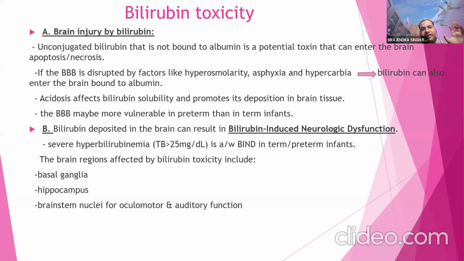If the blood-brain barrier is damaged, then the chances of transfer of bilirubin from blood to brain are relatively higher. So the important thing is that bilirubin level status is important, and along with this, blood-brain barrier status is also very important.